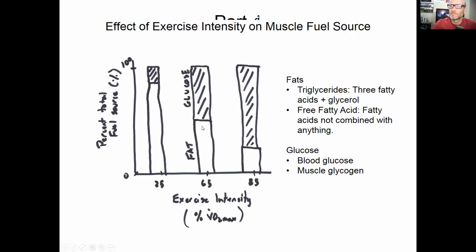Mid-range intensity, about 50-50 fat and glucose, and at higher intensity, less fat, more glucose, but still having some fat. So remember, fats are triglycerides or free fatty acids. Keep that in mind. Glucose is getting to the muscle via the liver glycogen, but we're talking about muscle glycogen used, so once it goes into the muscle.